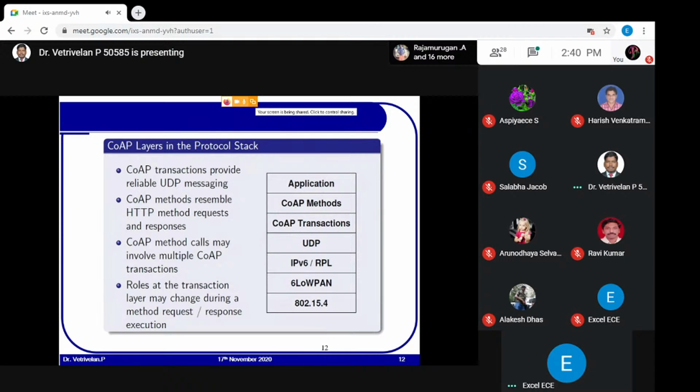So the next application protocol is MQTT. That is also an application protocol which supports resource broker architecture, Message Queuing Telemetry Transport. It works basically with broker architecture, a publisher-subscriber messaging scheme.